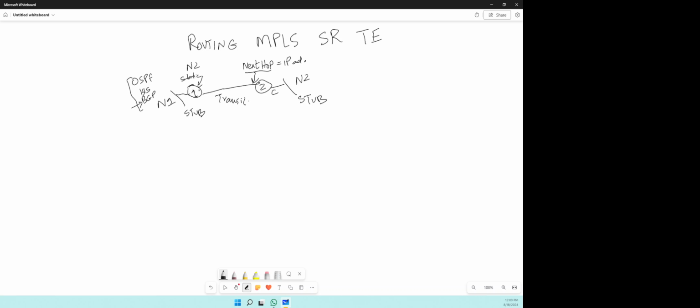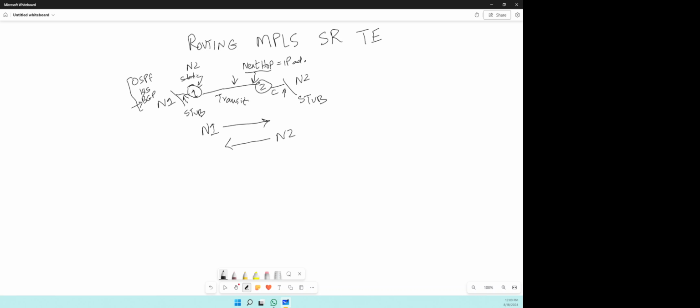But OSPF, ISIS, if you enable OSPF, let's say here, you enable OSPF on this one, this one, this one, OSPF will start advertising, saying, hey, this router is going to advertise N1 to router 2, and router 2 is going to advertise N2 to router 1, and that's how they learn. So that's dynamically advertising, and static, you start defining static routes. But that's just routing 101.